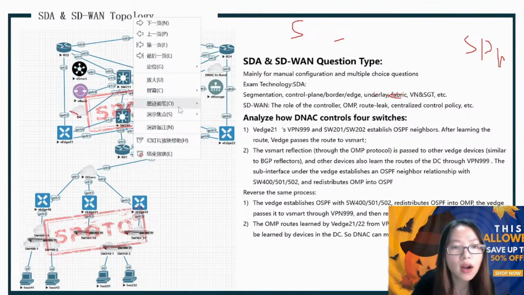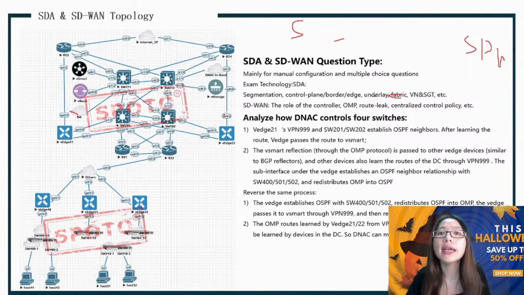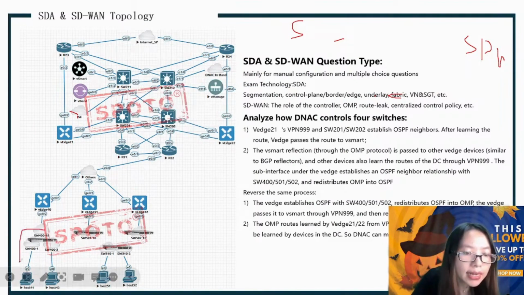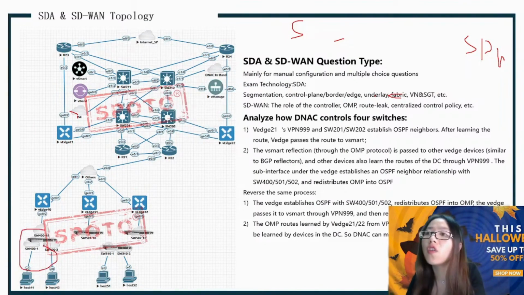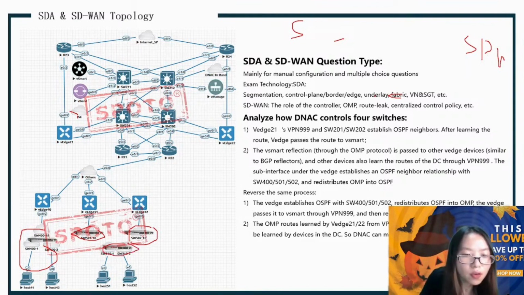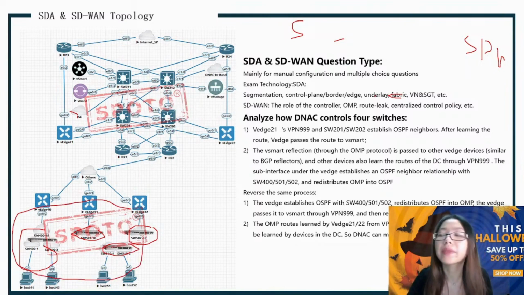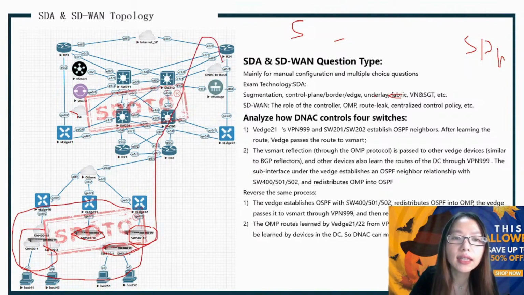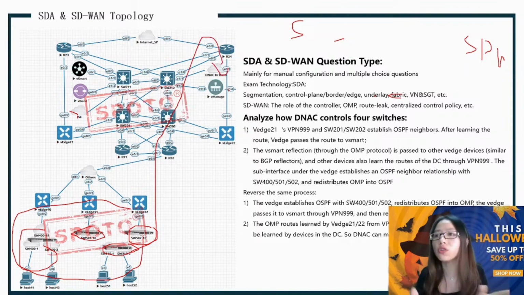You can see there are 4 switches in our SDN topology: switch 400, switch 501, switch 502, and switch 510. These 4 switches are controlled by DNA Center. So you should know how the DNA Center controls these 4 switches.